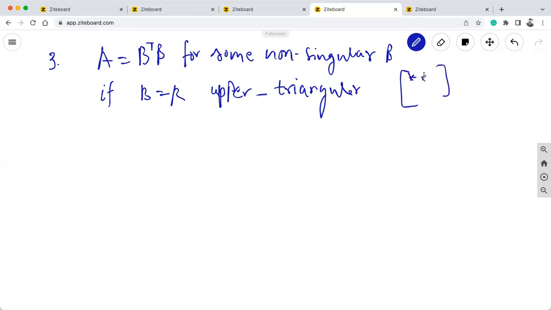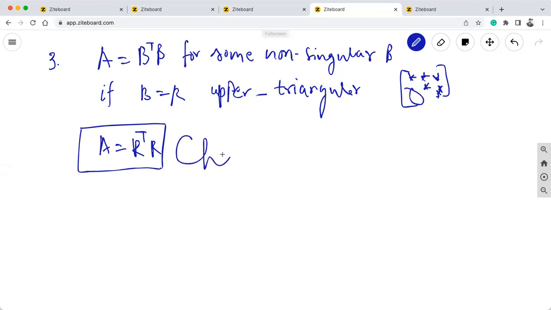So the elements will be like this, and all the rest will be 0. So this kind of structure. Then A you can write as R transpose R. This particular decomposition or breakup of the matrix is known as Cholesky decomposition.